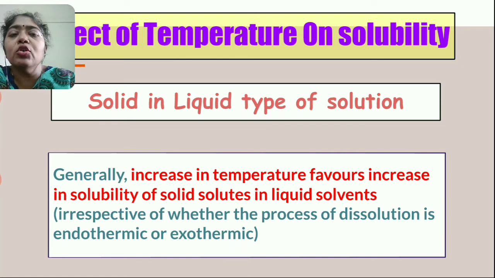So whatever the solute may be, whether it is sodium chloride or potassium chloride or ammonium nitrate, irrespective of whether the dissolution of these solutes in water is exothermic or endothermic, it is generally observed that there is a direct relation between the temperature and solubility. When the temperature is increased, the solubility of the solid solute also increases.